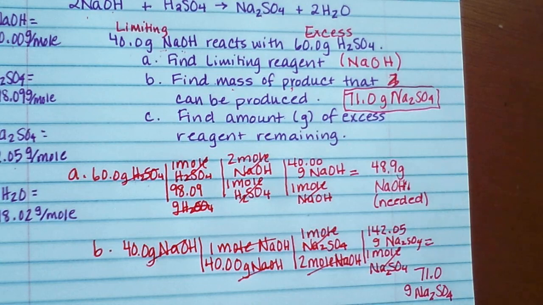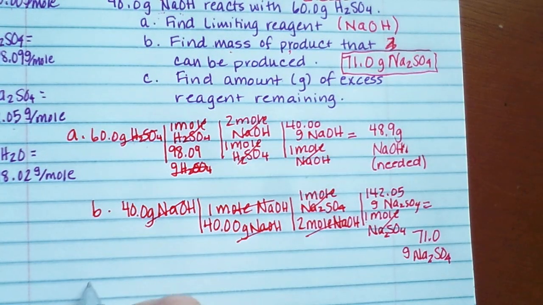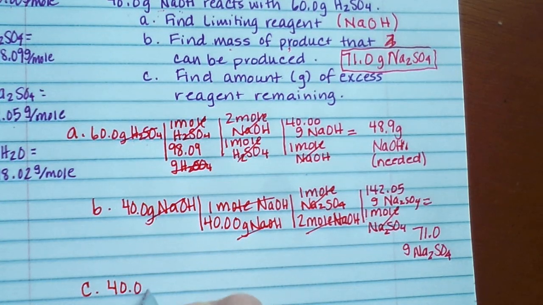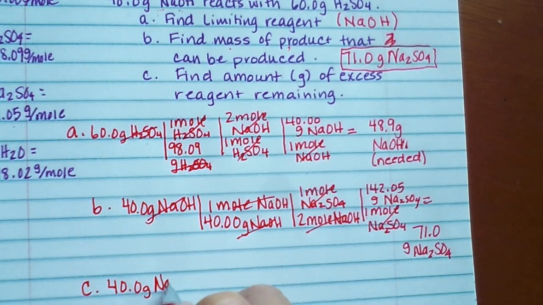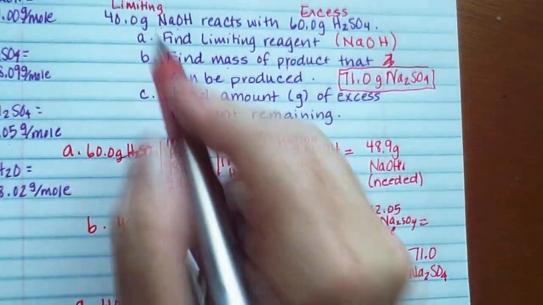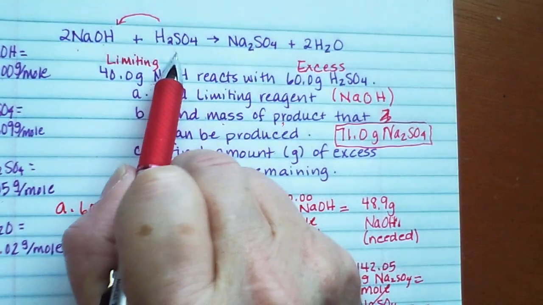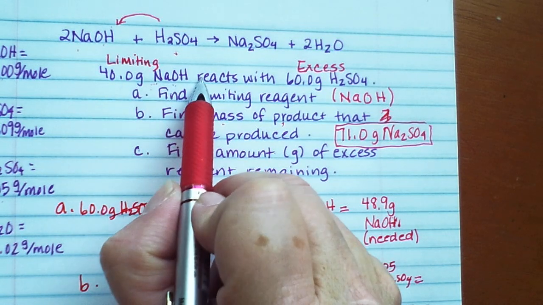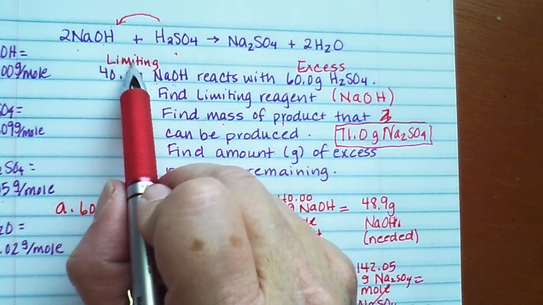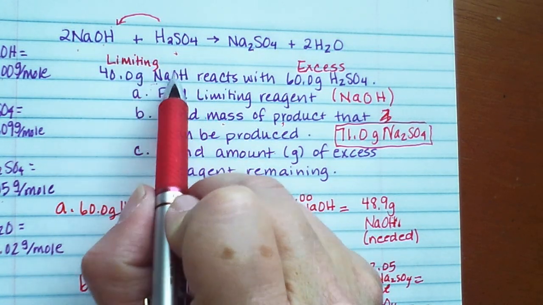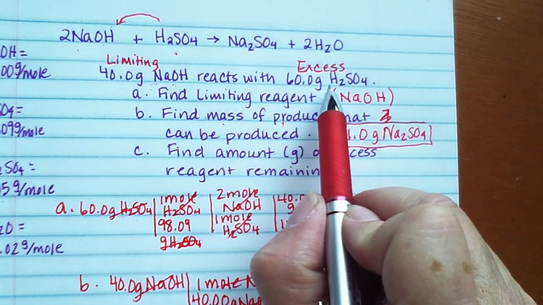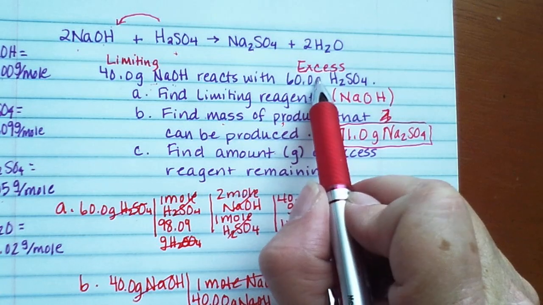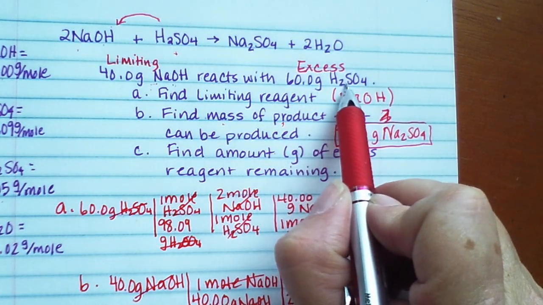So for letter C, I have to start with my 40 grams of sodium hydroxide and head over to my sulfuric acid. That's going to tell me, when I use all of my sodium hydroxide, which is limiting, how much of the 60 grams I will use. Then I can subtract that from my sulfuric acid.